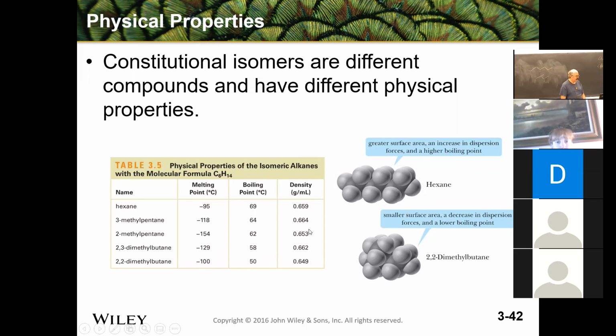It won't have much effect on the density. We can see that the more branched isomers, especially 2,2-dimethylbutane, have a slightly lower density, but branching lowers the melting point and the boiling point.